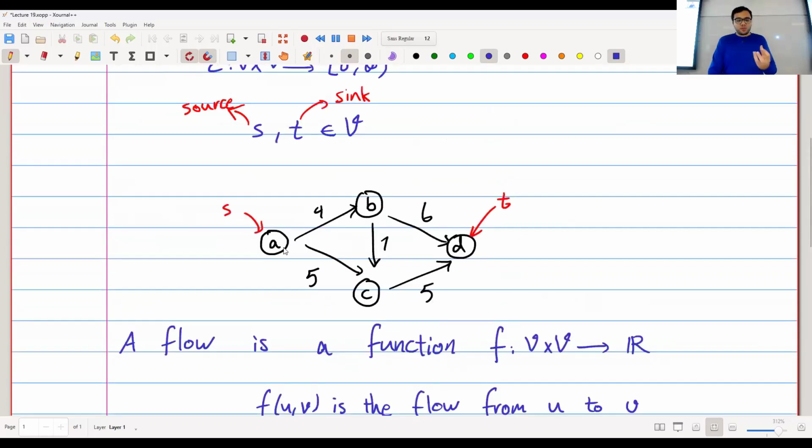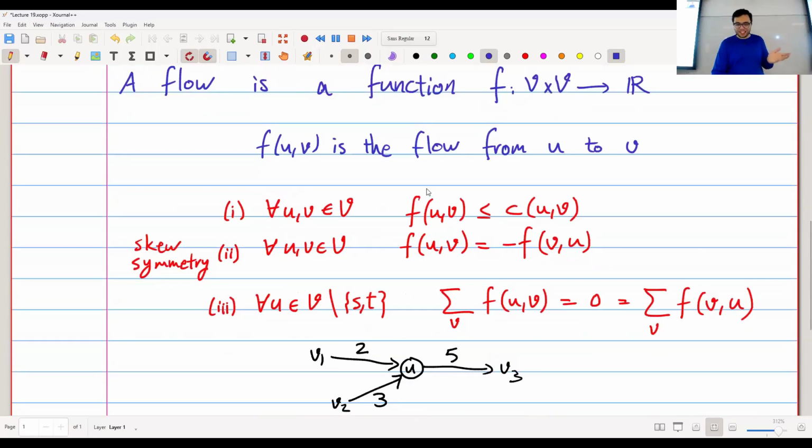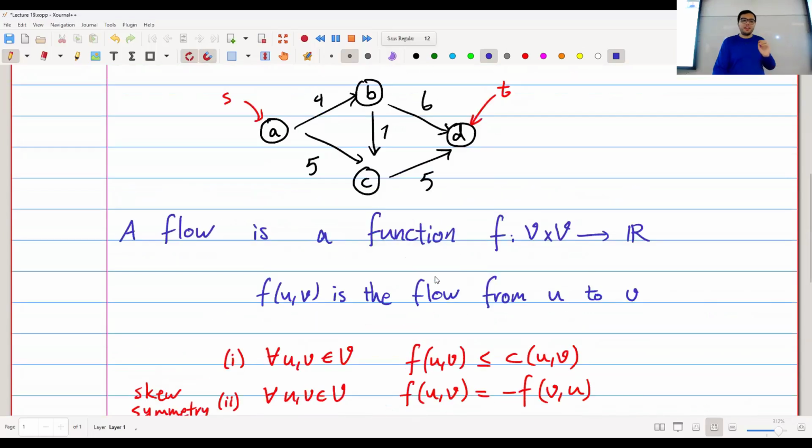So for the source, the sum of the flow going out is going to be more than the sum of the flow coming in, right? I know it's weird, but I can actually have some flow that goes around and comes back to the source, because these conditions are not really saying that I cannot have any flow back to the source.